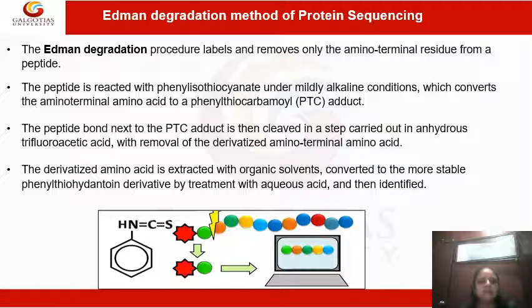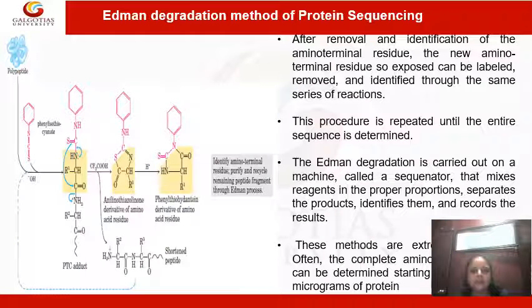This derivatized amino terminal amino acid is extracted with organic solvent and converted to the more stable phenylthiohydantoin derivative by treatment with aqueous acid, and then this amino terminal amino acid is identified. After removal and identification of the amino terminal residue, the newly exposed amino terminal residue can be labeled, removed and identified through the same series of reactions.